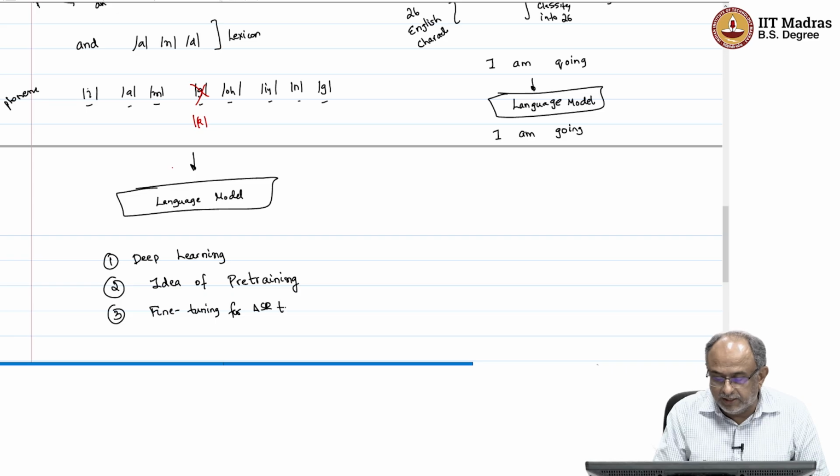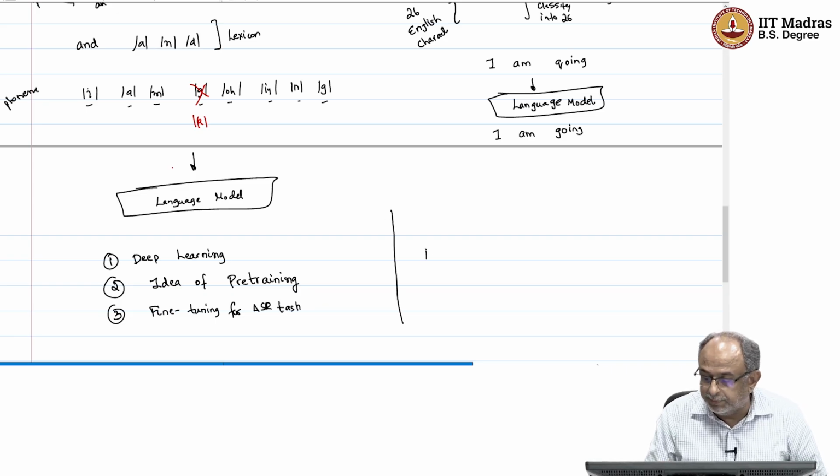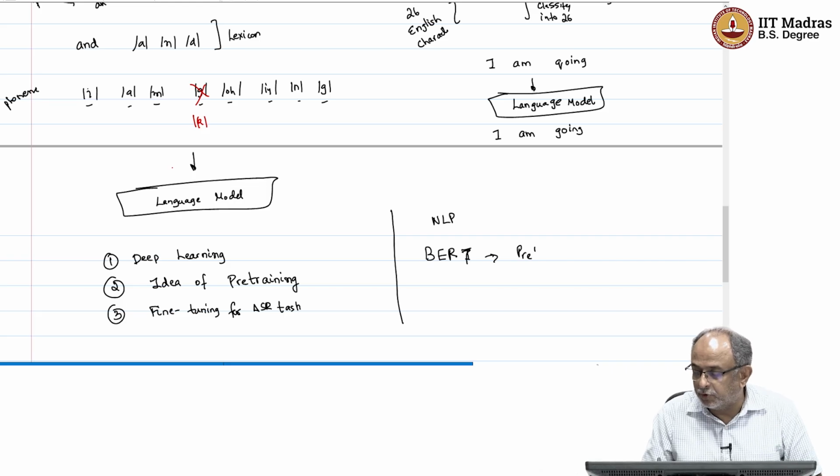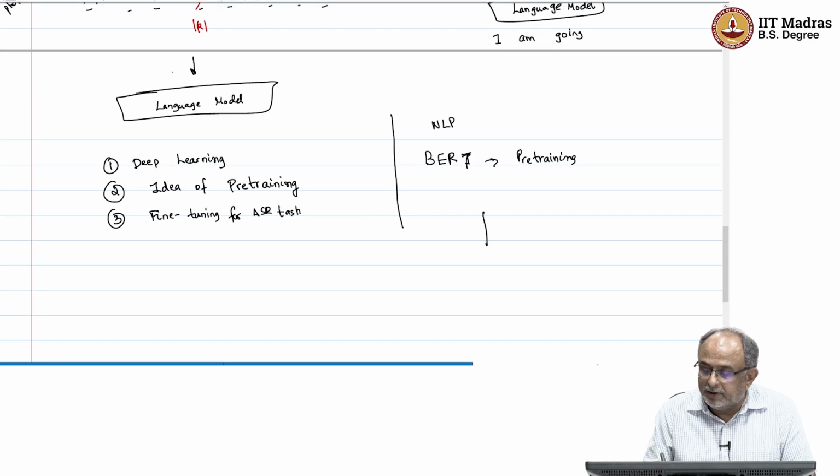You might have seen these ideas of pre-training already. For example, BERT in the NLP domain is a concept of pre-training, right. BERT is a pre-training approach. What do we do in BERT? In BERT, we have some words, right.